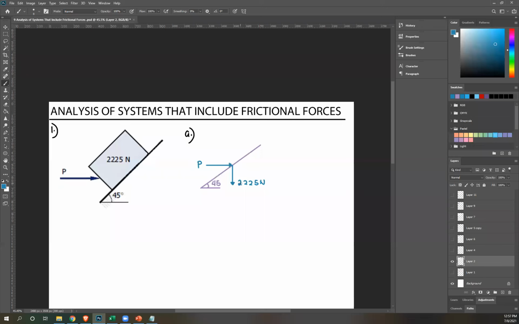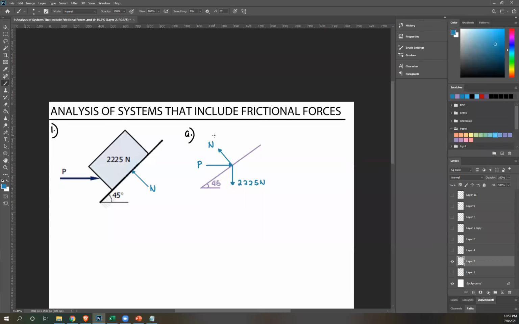Next, what do we have? Normal force, and normal force is always perpendicular to your surface or surfaces in contact. I can draw that here, but it looks a bit crowded, so instead I'll just move it here. This is Rn.